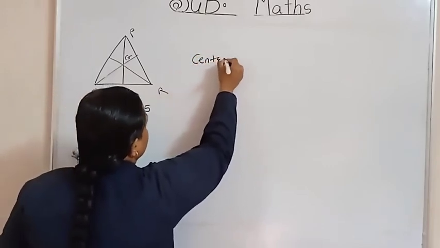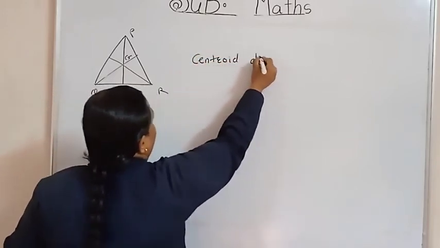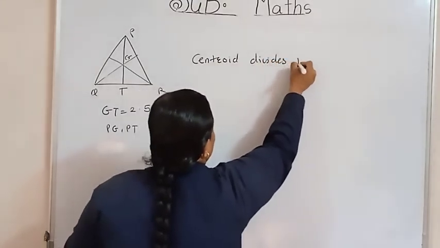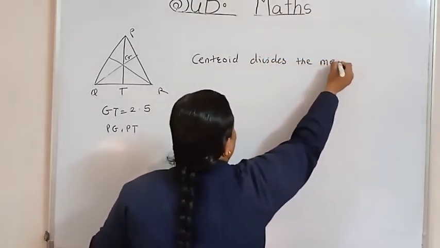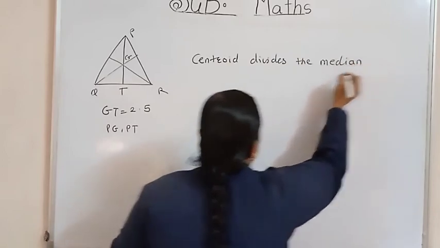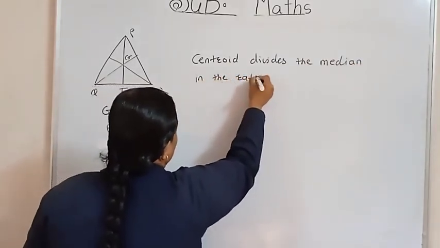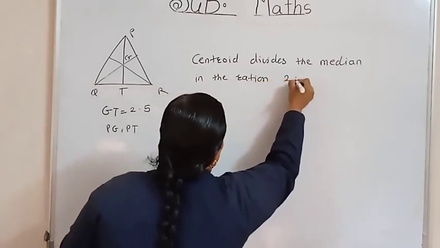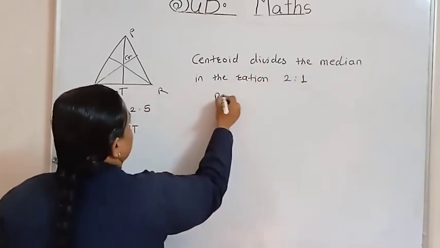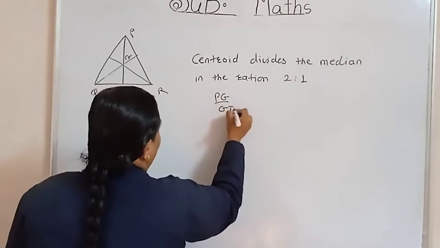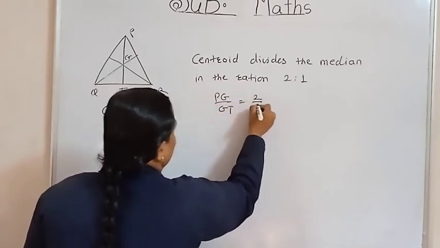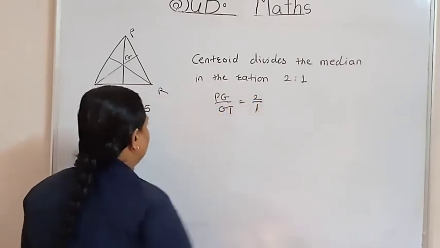Centroid divides the median in the ratio 2:1. Means PG upon GT is equal to 2/1.